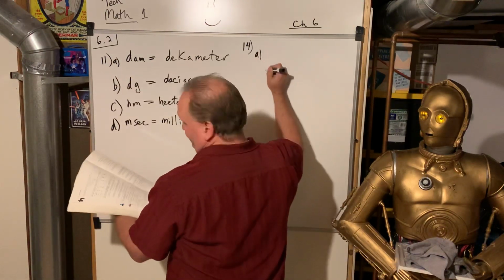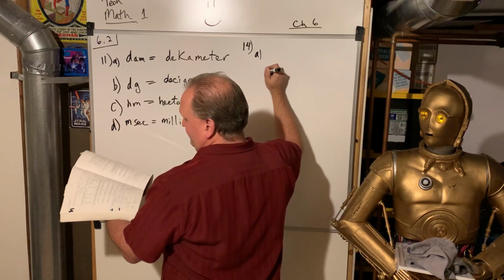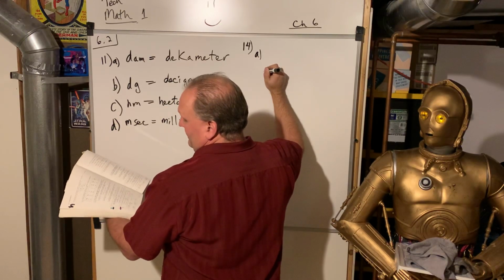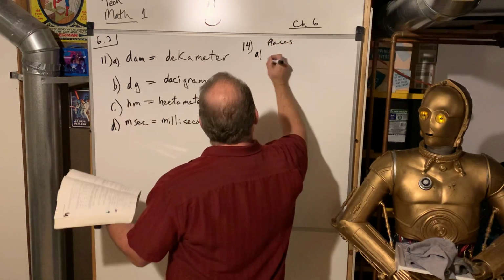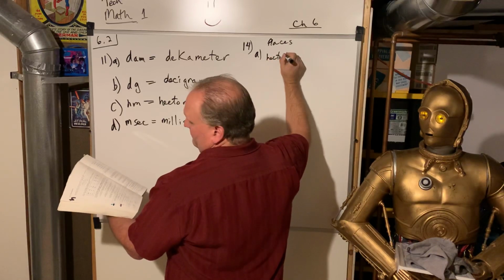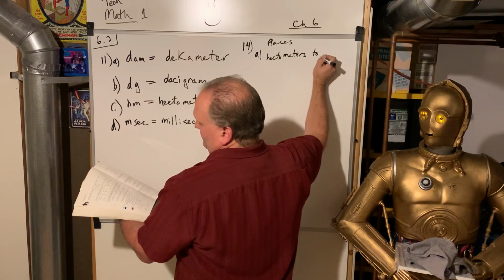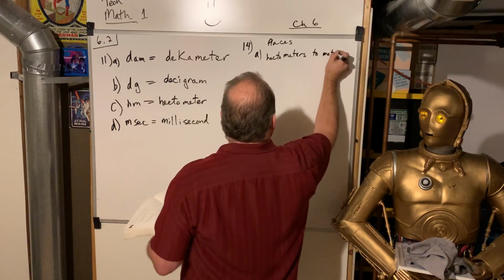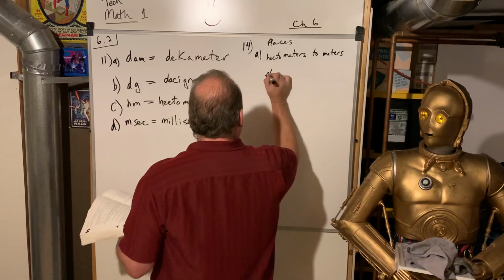All right, so let's see here. They're asking for places. So how many places do I move if I go from hectometers to just meters? They just want to know places.